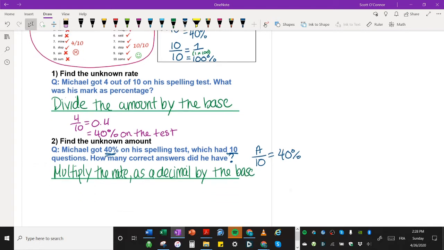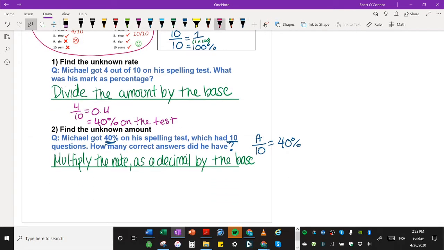Base is 10. The rate as a decimal is 0.4. So we're going to write in here 40% is equal to 0.4. Do 0.4 times 10, and we get 4 correct answers. Okay, so that's how we find the unknown amount. We find the unknown amount by multiplying.